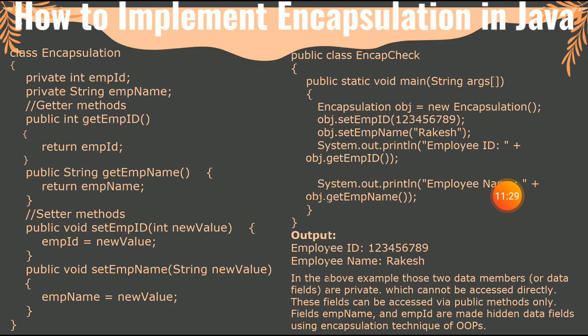So whenever you want to access private data members, we have to use get and set methods, and the get and set methods should be written in the same class. Then through these get and set methods we can call these data members in another class. This program is showing the same thing.